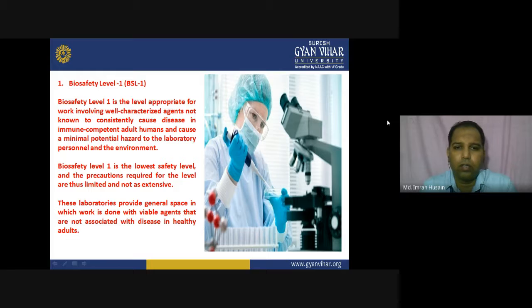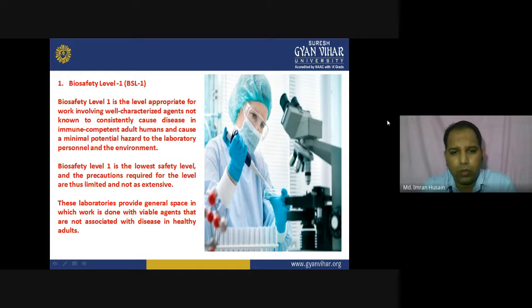Biosafety level 1 is the lowest safety level, and the precautions required for the level are thus limited and not as extensive. Most of the time, students are trained in these laboratories because good hands-on training is essential in the field of medical microbiology or biotechnology.